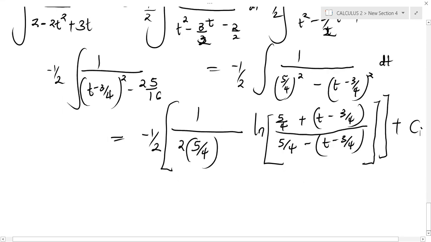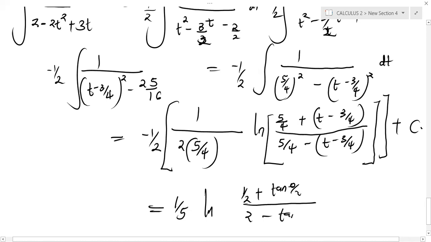If we replace and evaluate, our answer will be much simpler. We should be able to get a half ln of 1/2 plus tan theta over 2, over 1/2 minus tan theta over 2, plus c.